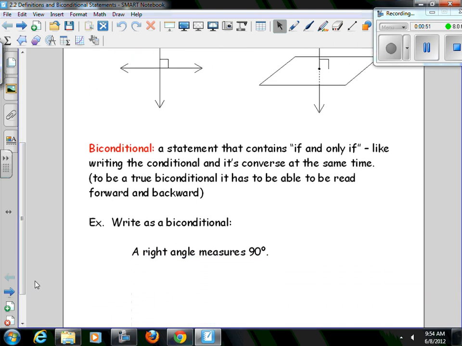Let's say that we wanted to write the following as a biconditional: a right angle measures 90 degrees.